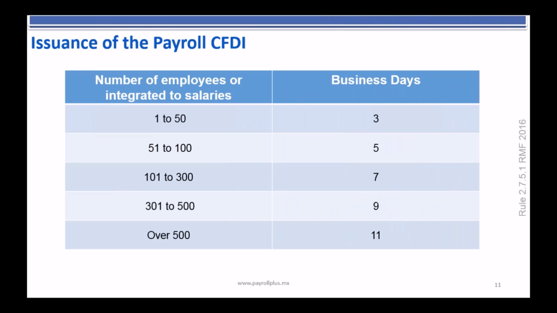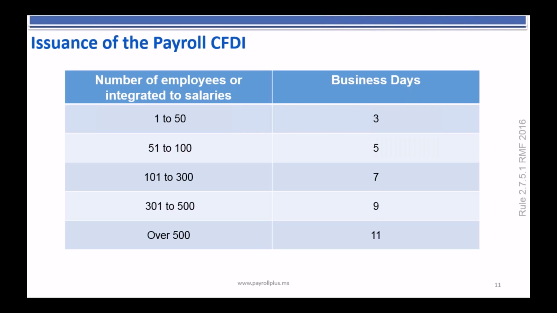Let's say that you have 1 through 50 employees, okay? You have 3 business days after the payment date to issue the CFDI. If you made the payment on the 15th, that means you have 3 business days to prepare the CFDI for such payment cycle.